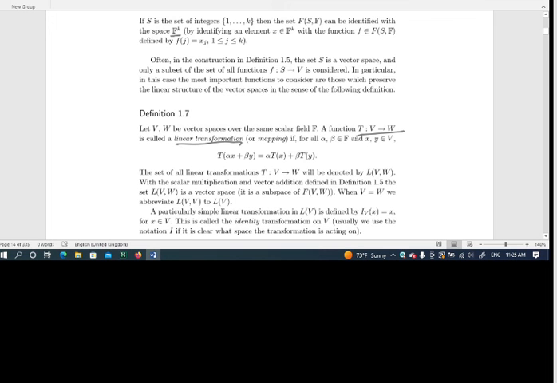The set of all linear transformations T from V to W is denoted by L(V, W). If V and W are the same, instead of writing L(V, V), we abbreviate this to L(V). So when we say L(V), it means L(V, V).